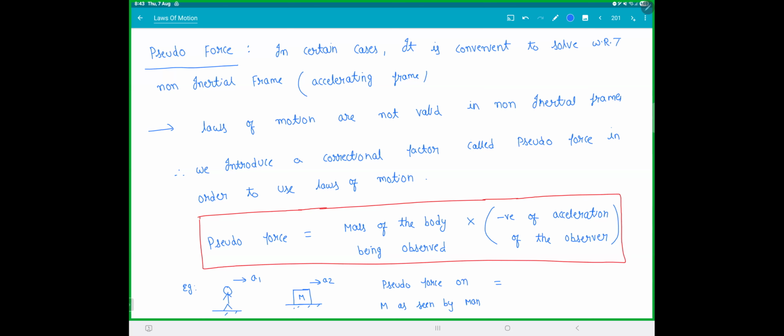Again, what is the formula? Mass of the body, which is m, into negative of the acceleration of the observer, which is a1 I cap. So the pseudo force is given by minus m a1 I cap.